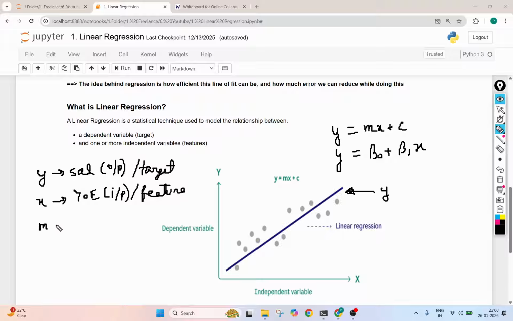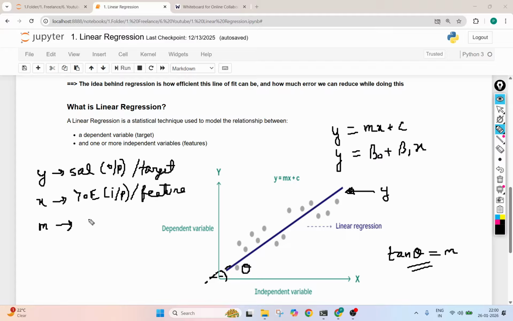What is m? m is the slope. So what is the slope? If we simply extrapolate this line to the origin, the angle that it makes with the origin, right? Theta, let's call it. So tan of theta equals m. This is what our slope is, tan theta.